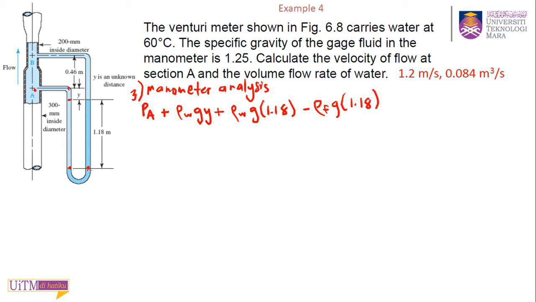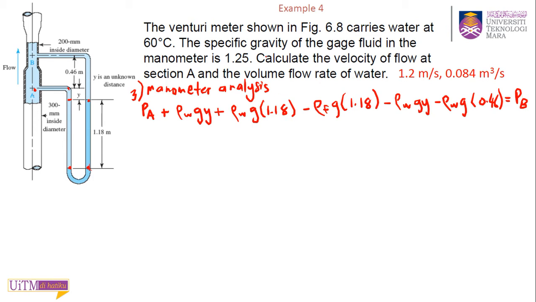Okay, that means you from here you go up to here, and you need to finish your point at point B. You go up, still you minus rho of water G Y minus rho of water G times 0.46, and this is equal to pressure at B.